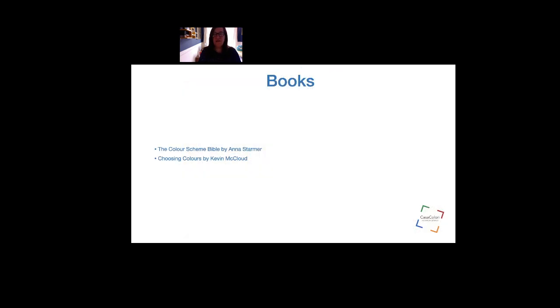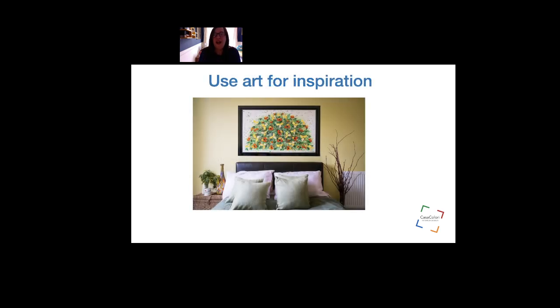And then, as I said, there are plenty of books, which I have mentioned too, that you can consult to find inspiration. Now, I mention inspiration because many of you will wonder, where do I get the inspiration for the colors from? Well, an example could be art. Here, the inspiration was taken from this painting by Steven Simpson.